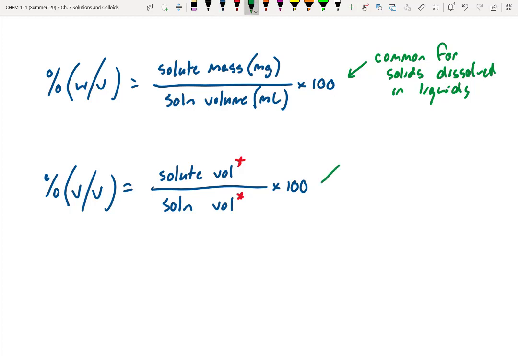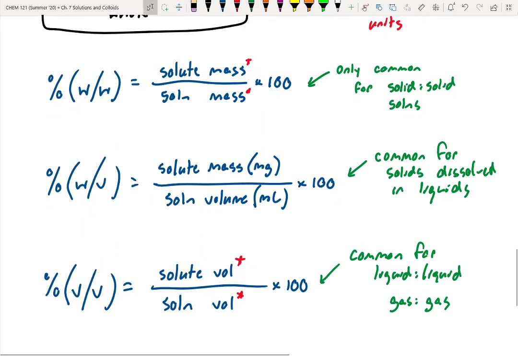So this is common for a liquid-liquid mixture or a gas-gas mixture. So this is most commonly used for liquids, but occasionally you see it used for gases as well. So like I said, it really depends on the situation and the states of your solute and solvent, which one of these you might be more likely to use.